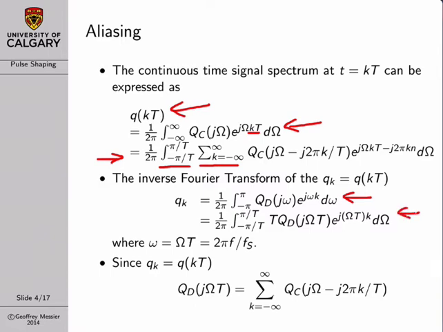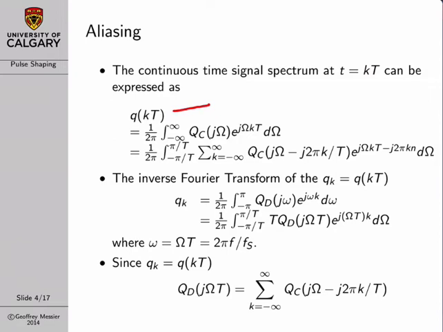So the discrete time frequency, little omega, is equivalent to the continuous time frequency in radians per second, capital omega, multiplied by the sampling time, or equivalently 2 pi f divided by the sampling frequency, because the spectrum of a discrete time signal is confined to be between minus pi and pi.